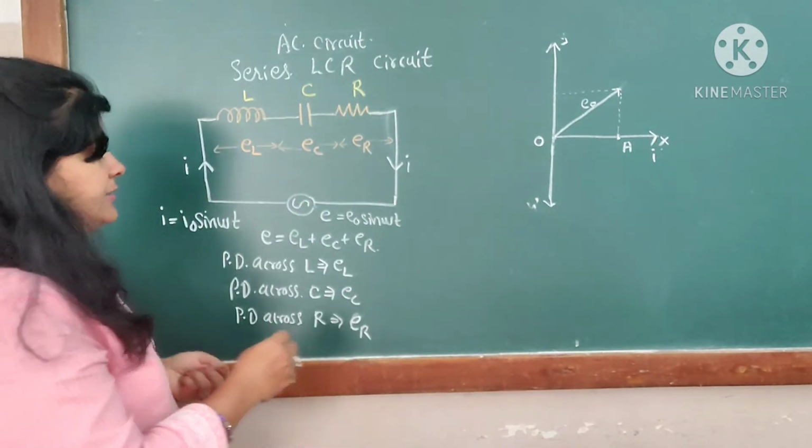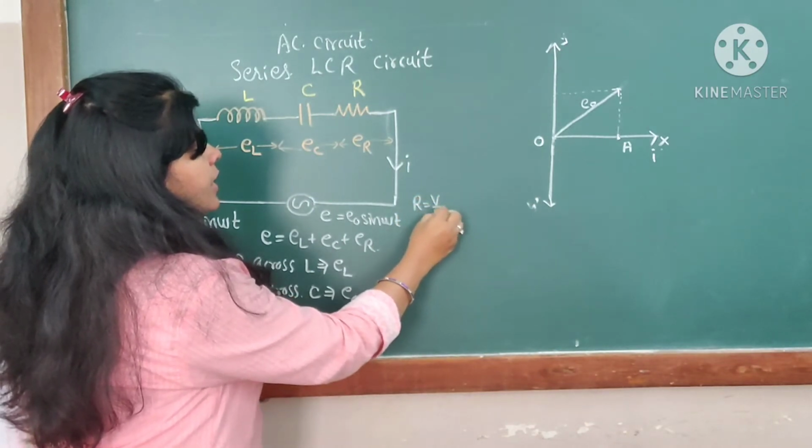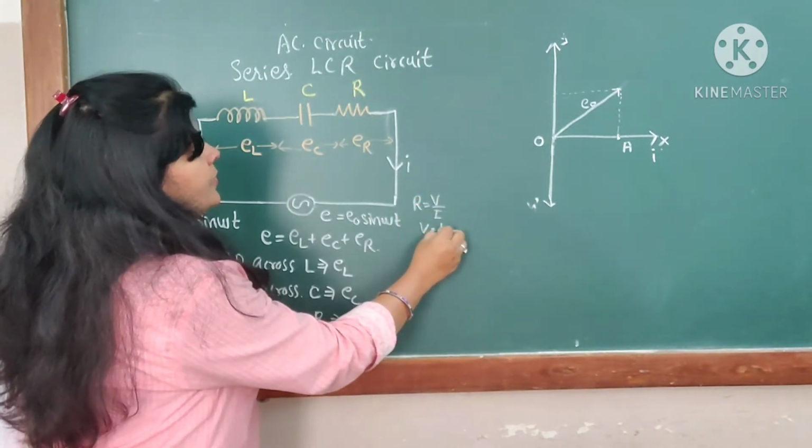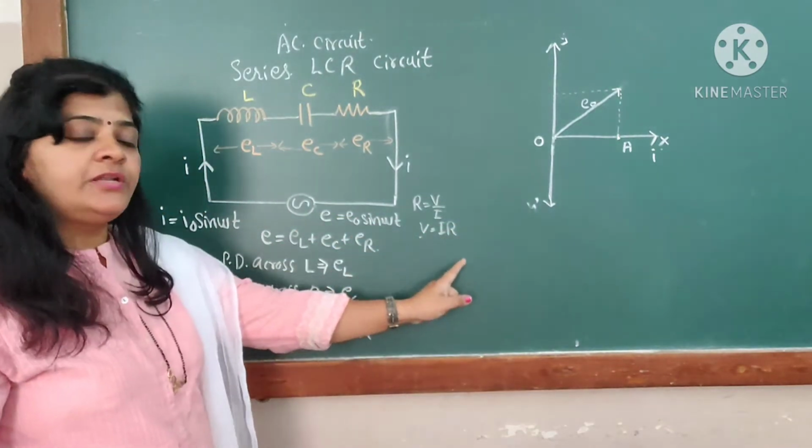Now here we are applying Ohm's law. What is Ohm's law? R equals V upon I, so V equals I into R: the potential drop across R is equal to current into resistance.